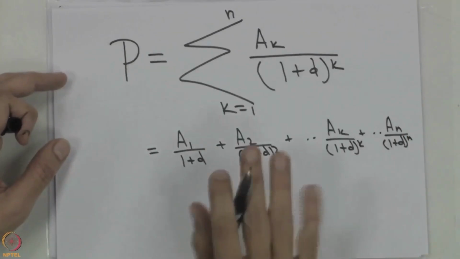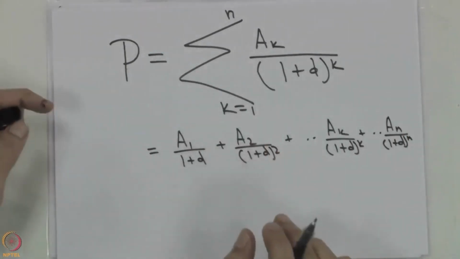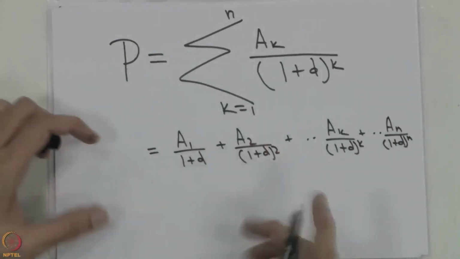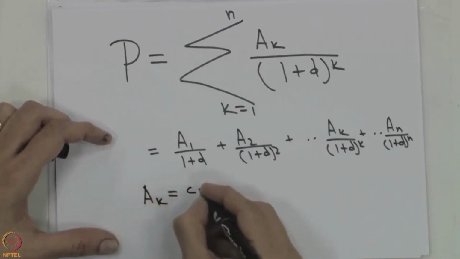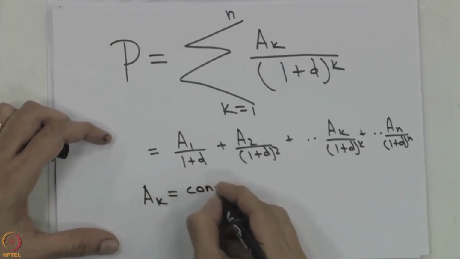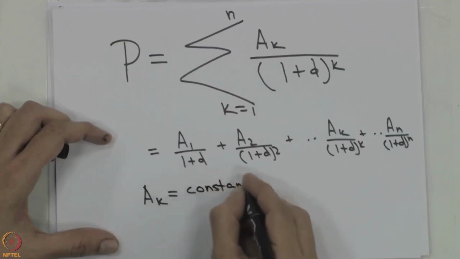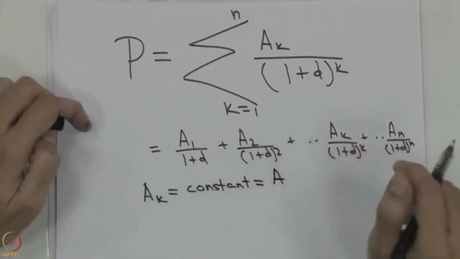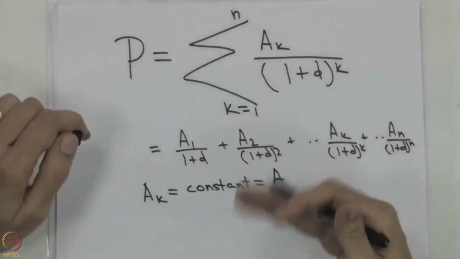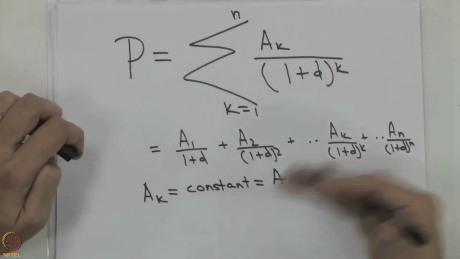Now, there can be a special case in many situations where AK is equal to a constant cash flow, which is A. And this is often the case because we are making a calculation today about the future.